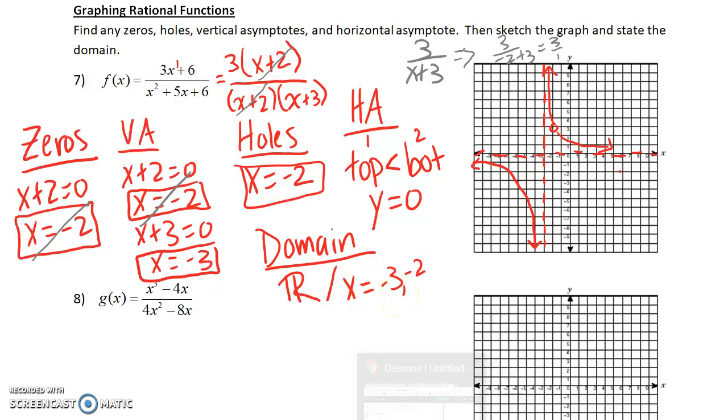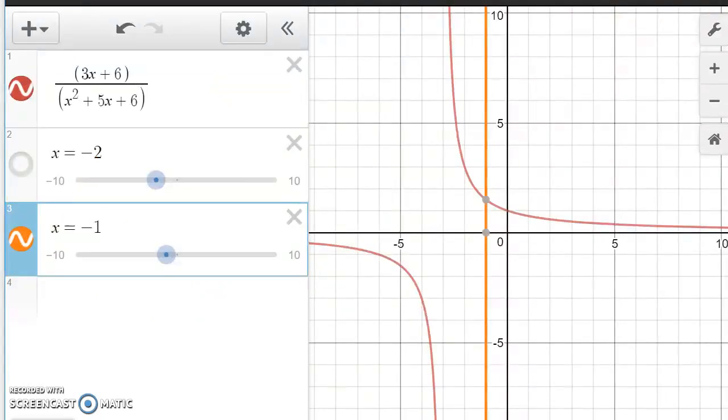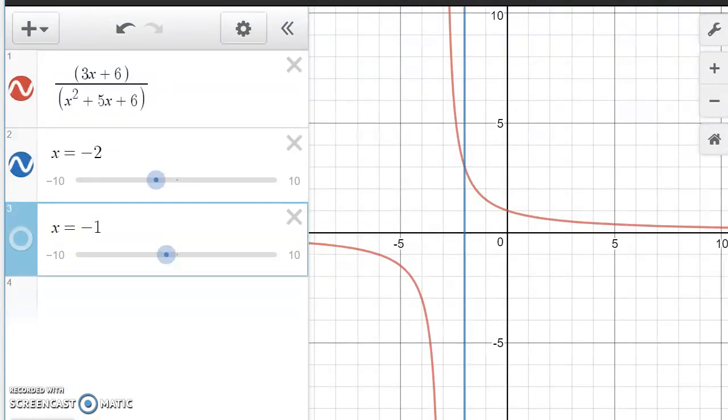Okay? So looking at our graph, I just want to draw your attention to something here. I graphed our original function. You always, always, always put the original function into Desmos when you want to look at a graph or a graphing calculator. Just to see where we have an intersection with -2, 3, I want to show you what Desmos does. Here, I know that our hole is at x equals -2, so I put x equals -2 into Desmos.